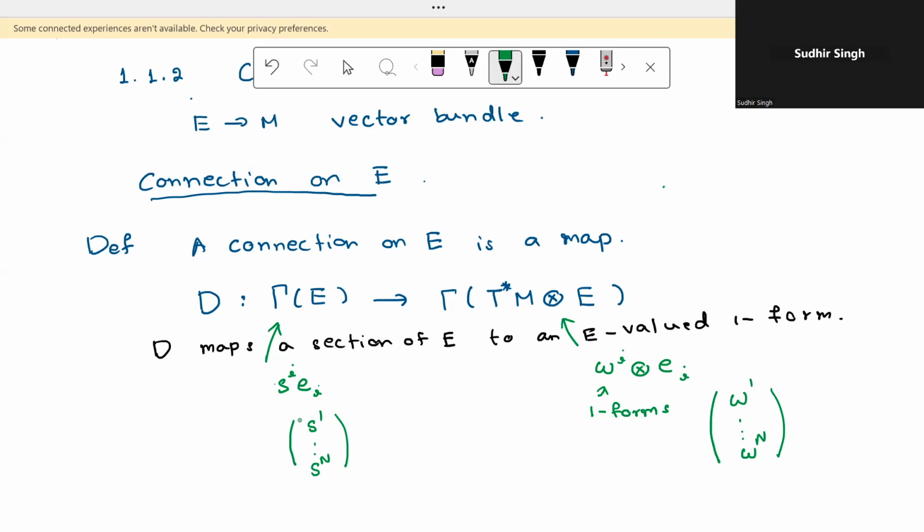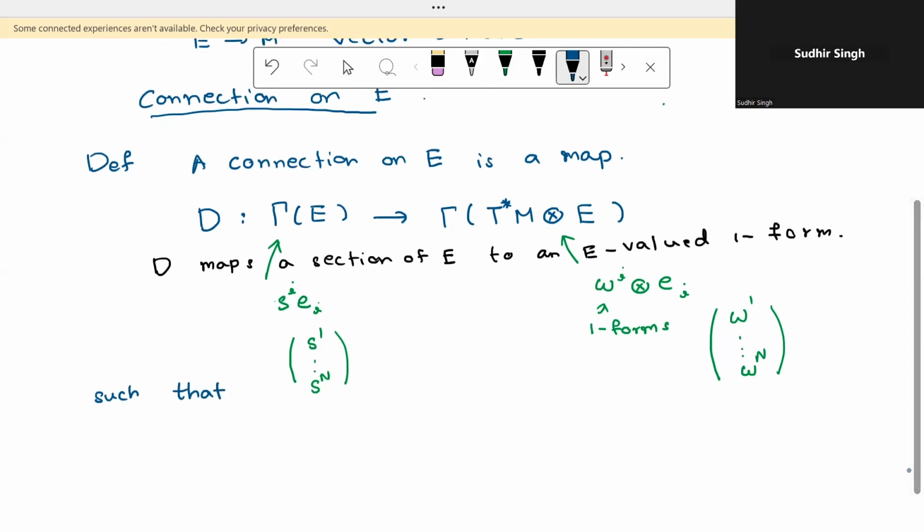So a connection is a map from a section of E to an E-valued one form, which satisfies the following property. It is linear, and it satisfies this product rule I'm going to write down.